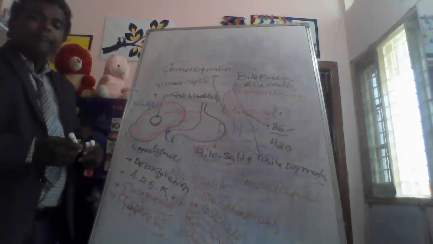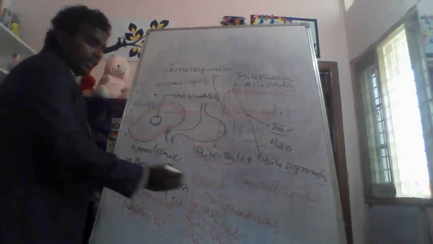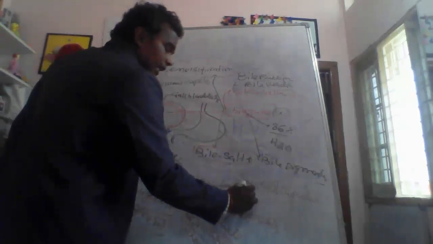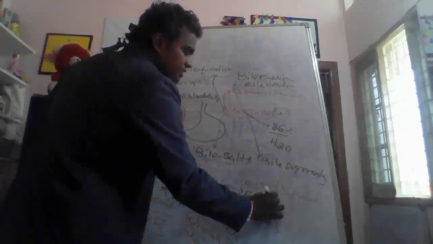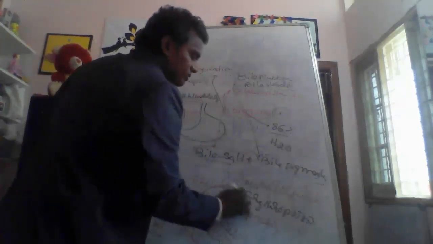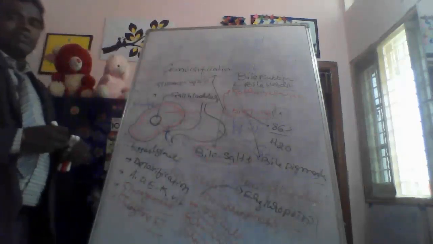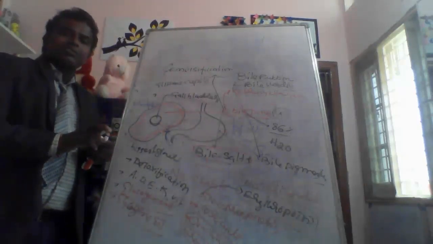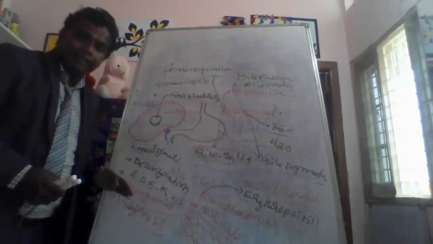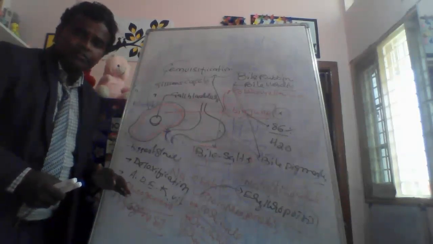And in the embryonic stage, the last function, it is responsible for erythropoiesis. This is the importance of the liver. Once more, the liver. Okay, understood?